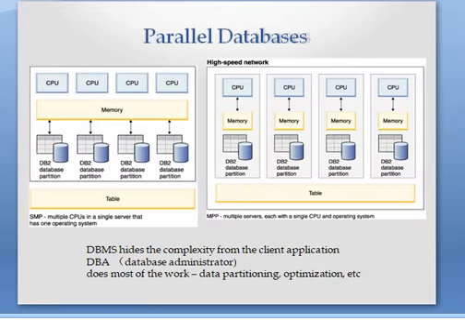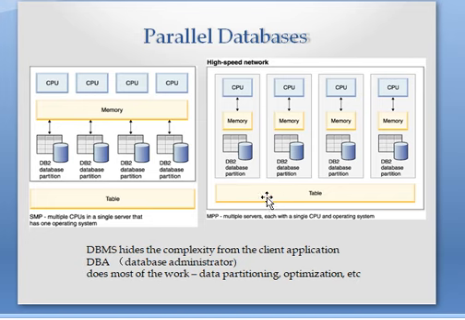This is a very nice diagram of a parallel database. There are different designs in parallel databases. For this one, you have several CPUs in one server with one operating system, and all the database partitions 1, 2, 3, 4 are installed in the same server.